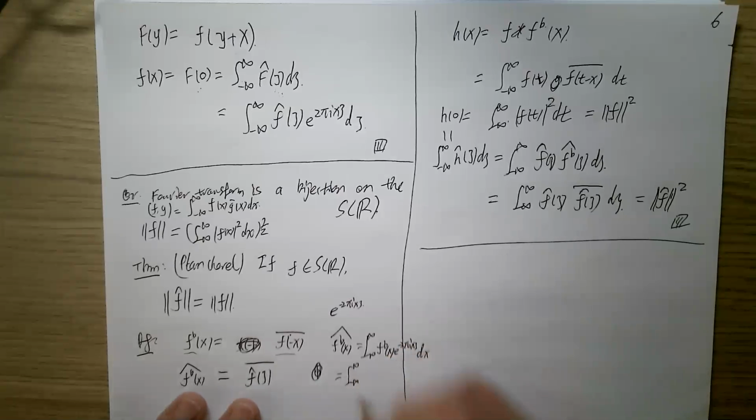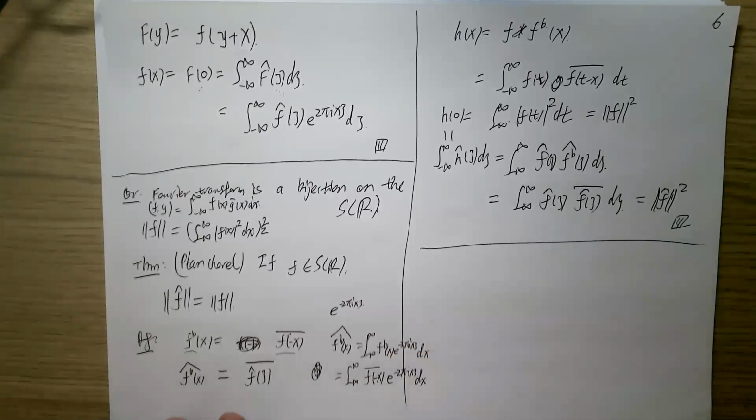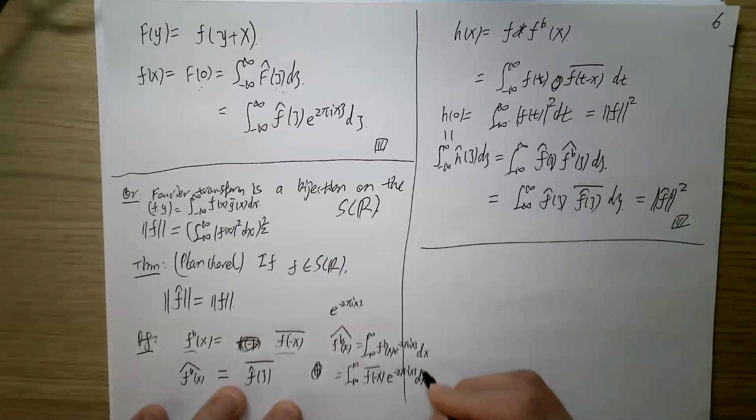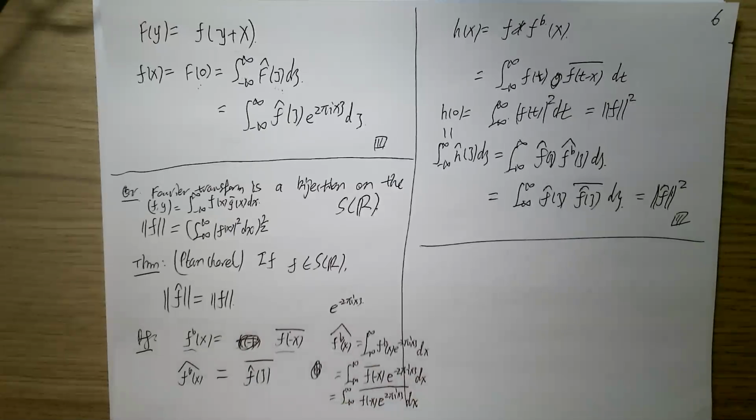It's actually the integral from minus infinity to infinity of f bar of minus x e to the power minus 2 pi i x ξ dx. And you want to make it somehow close to this f hat bar, right? So you want to make it longer. So it's the integral from minus infinity to infinity of f(-x) e to the power 2 pi i x ξ dx, right? You change your minus sign to plus sign.